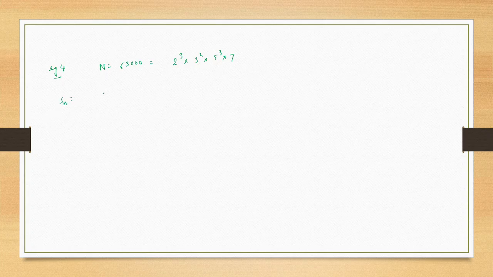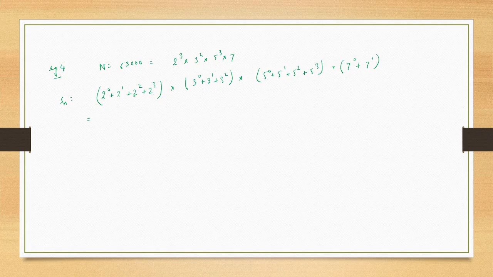So the summation would be 2 raised to power 0 plus 2 raised to power 1 plus 2 raised to power 2 plus 2 raised to power 3, into 3 raised to power 0 plus 3 raised to power 1 plus 3 raised to power 2, into 5 raised to power 0 plus 5 raised to power 1 plus 5 raised to power 2 plus 5 raised to power 3, into 7 raised to power 0 plus 7 raised to power 1.